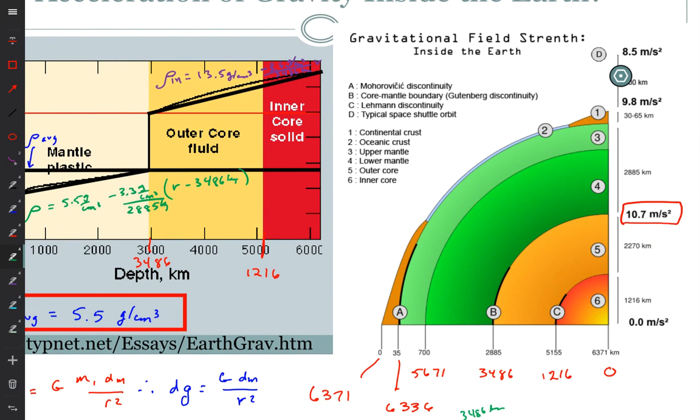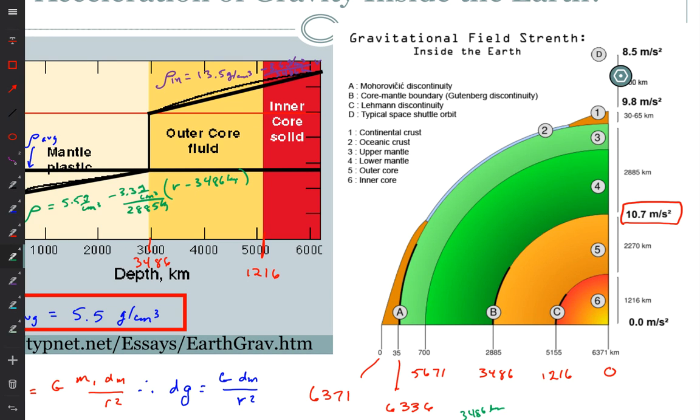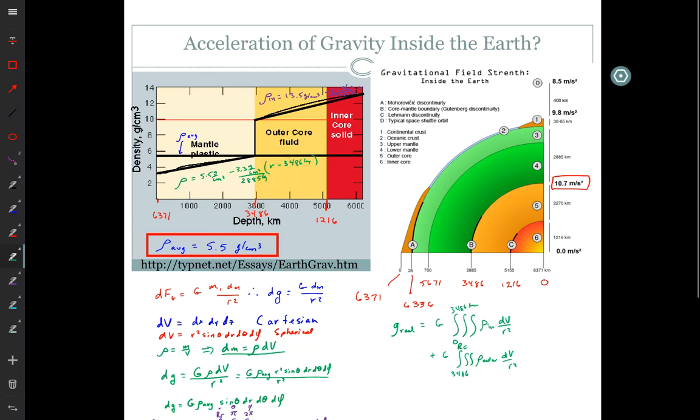Taking these, what you'd find is acceleration of gravity slowly goes up as you drop through the mantle and then goes down rather precipitously from there on. That's interesting, right? And that's a use of our calculus in physics.